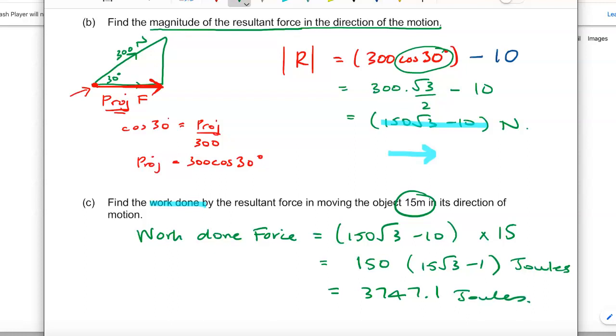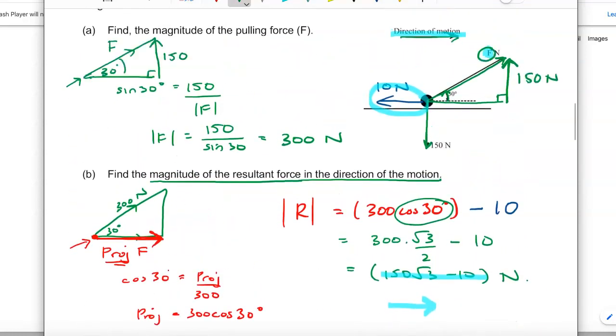So let's just go back and recap this situation. What we've got is an object. We have got a force acting upon it, inclined by 30 degrees, and it's also counteracting its weight, and that's producing this resulting force.